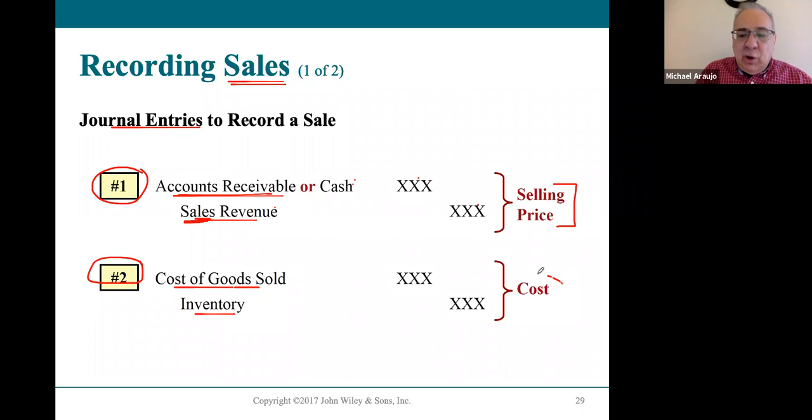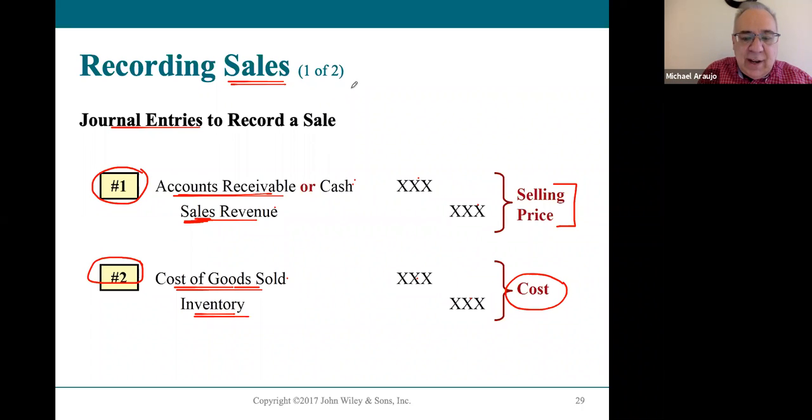Okay, so the cost to the seller is the cost of goods sold. This is an expense account. So we're going to be debiting the cost of goods sold because it's an expense account. We're going to be crediting the inventory because the seller just sold the inventory to the buyer. It's no longer theirs. They got to reduce it. So that's the two parts.